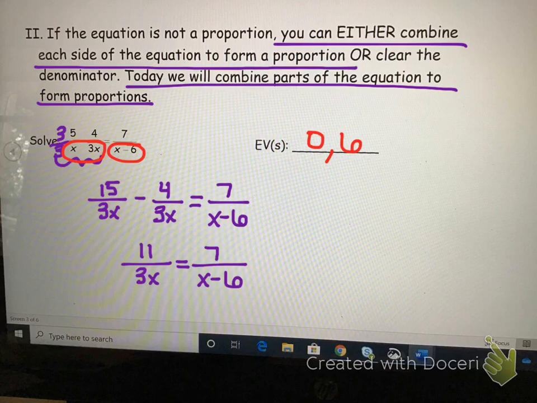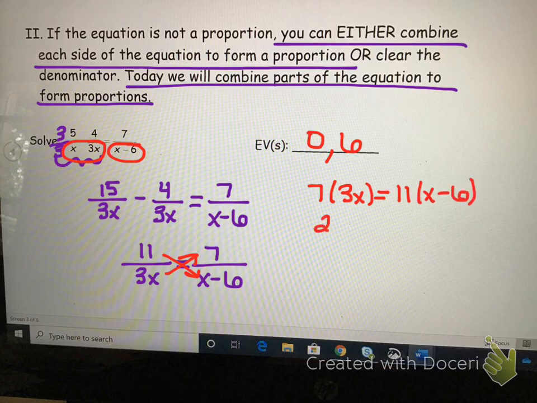Now that we have combined the two fractions on the left, we now have a proportion, just like we did back in week 5. So we can simply cross multiply. When we cross multiply, the 7 will multiply to the 3x, and the 11 will multiply to the x minus 6.